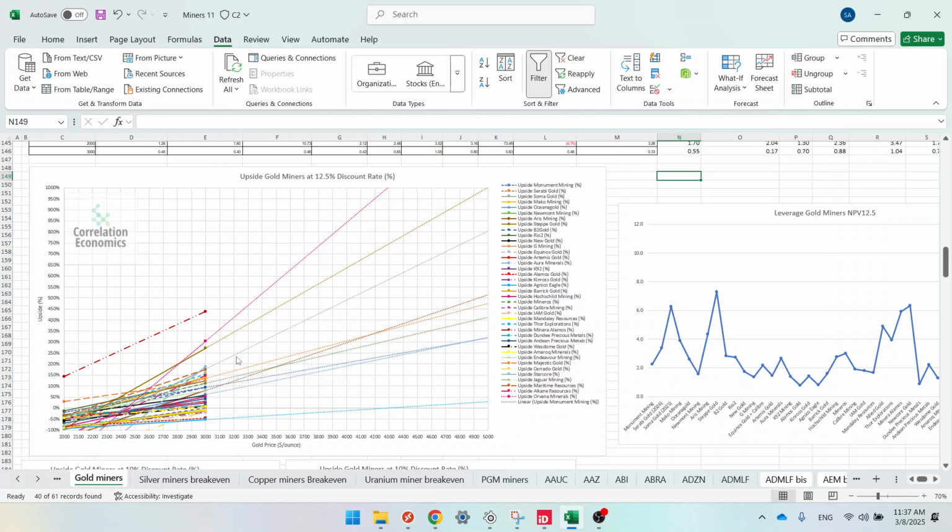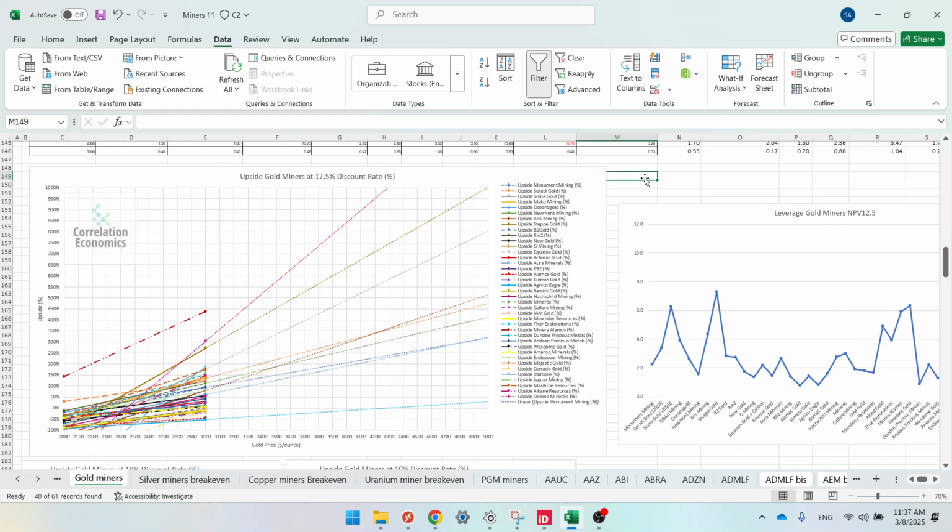For example, Soma Gold upside is 170% at a certain discount rate. And then if you change the gold price to, for example, 3,000 to 4,000, the upside goes to 500%. And this is calculated with the whole NPV flow chart.